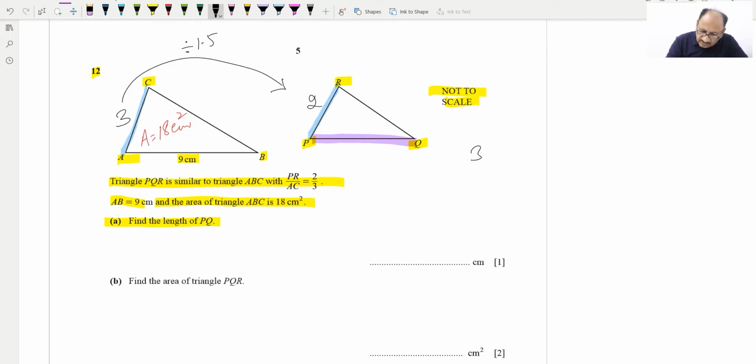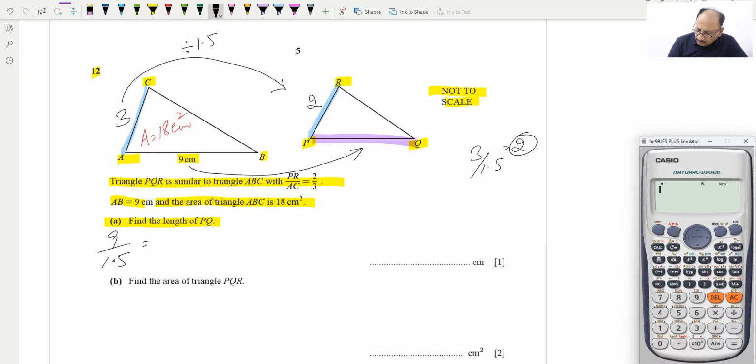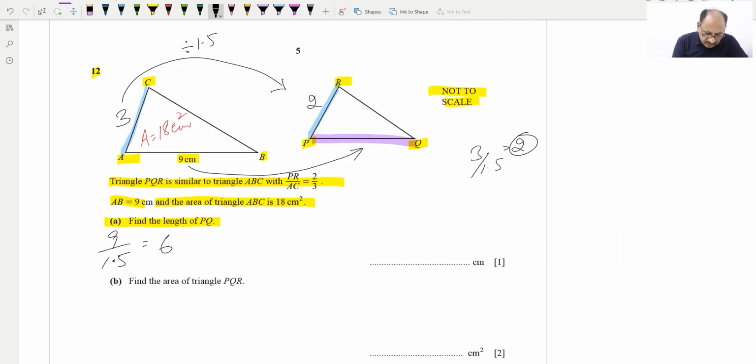So 3 divided by 1.5 is equal to 2. The same ratio we will use to convert the 9, and 9 divided by 1.5 is giving us 6. So 6 centimeters will be our answer for 1 mark.